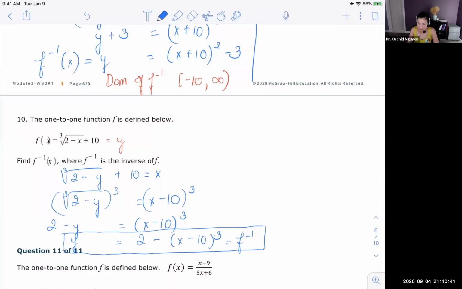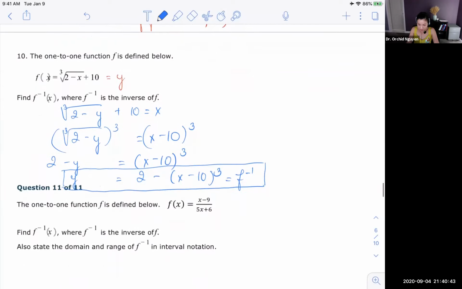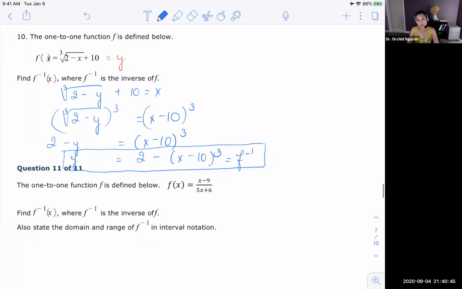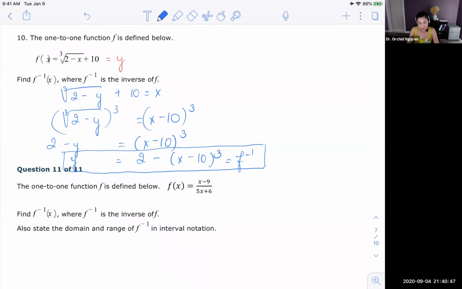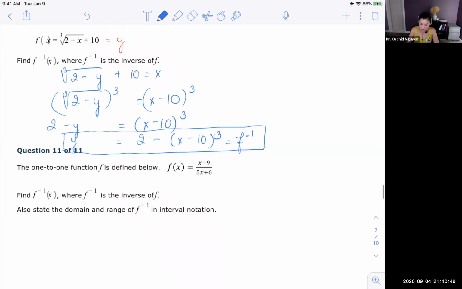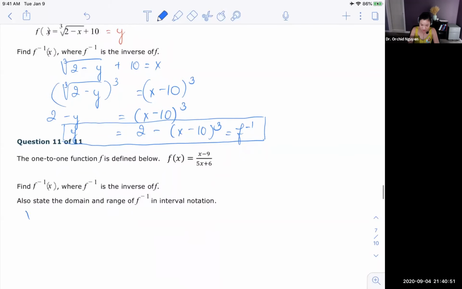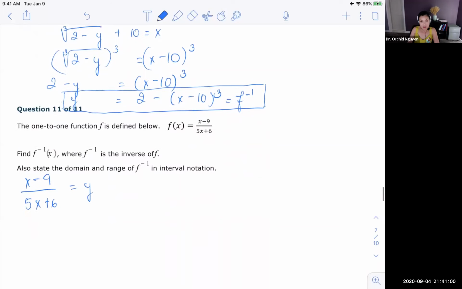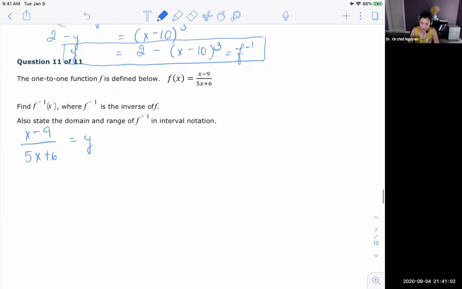Okay. Let's take a look at number 11. So 11, we have a rational function. So let me just copy it down here. Okay. Then I'm going to interchange x and y.